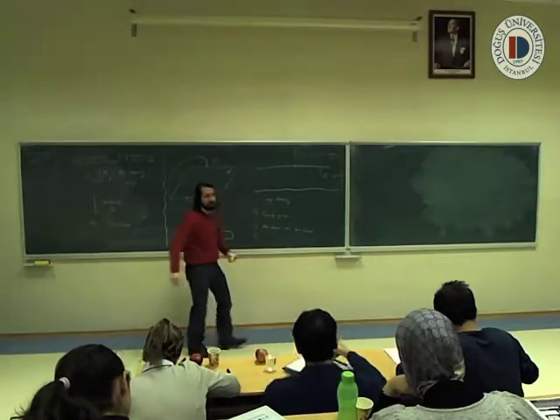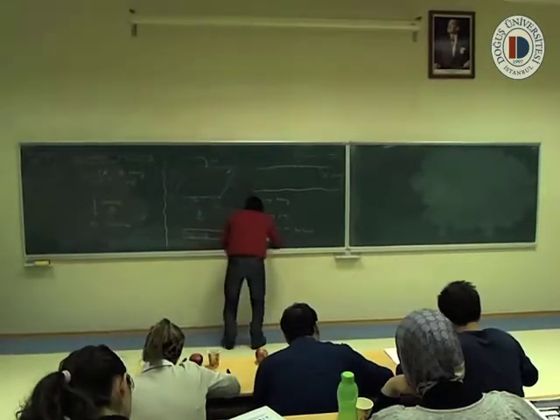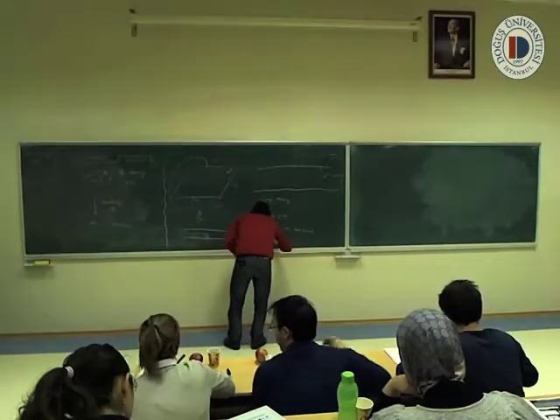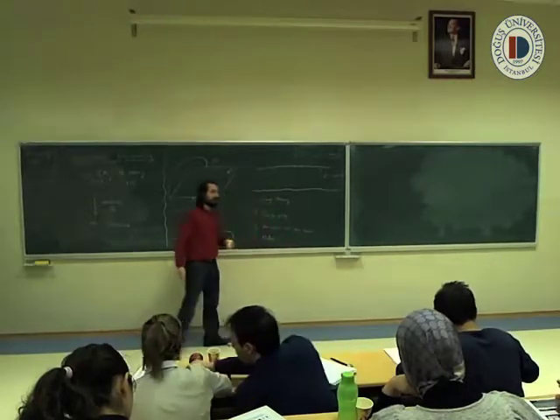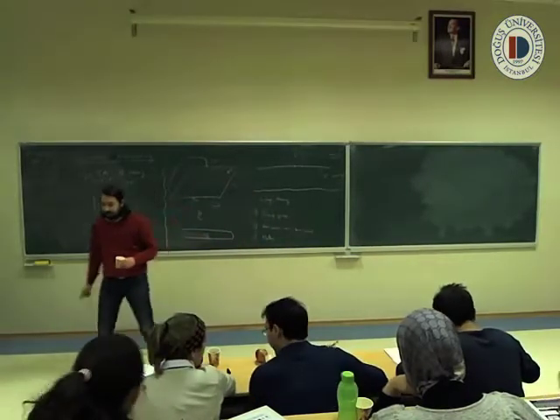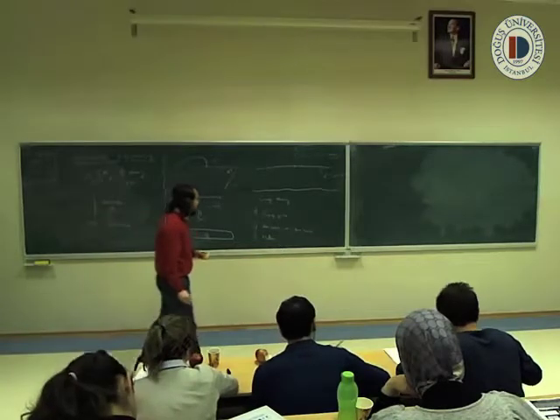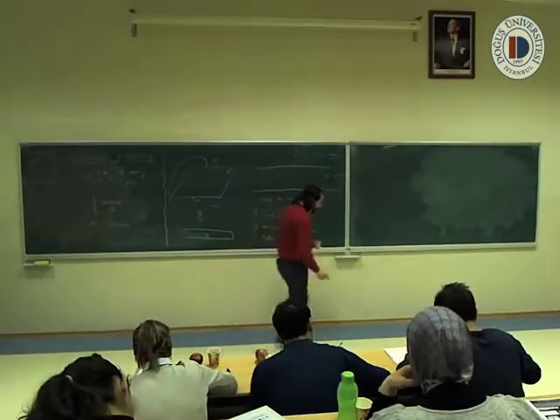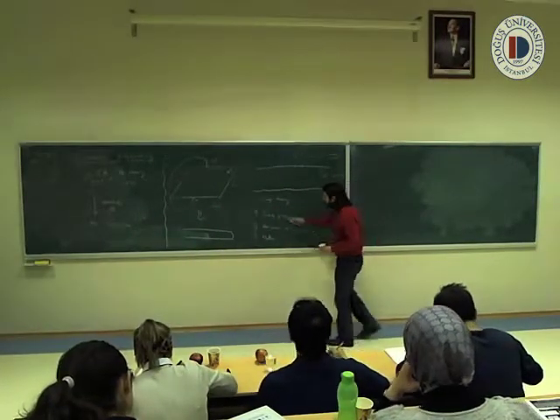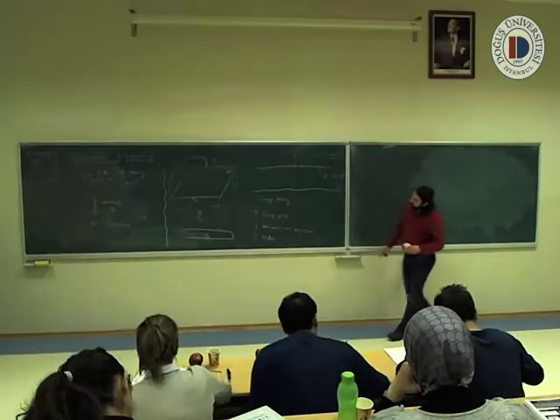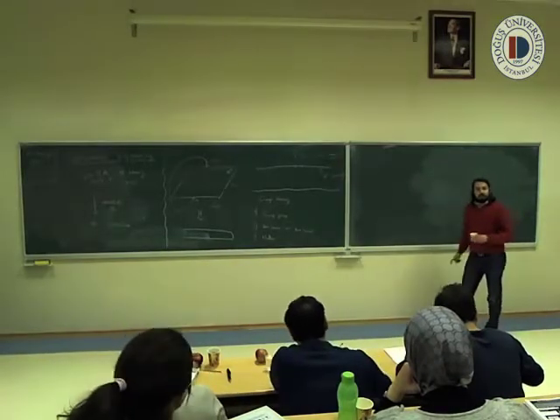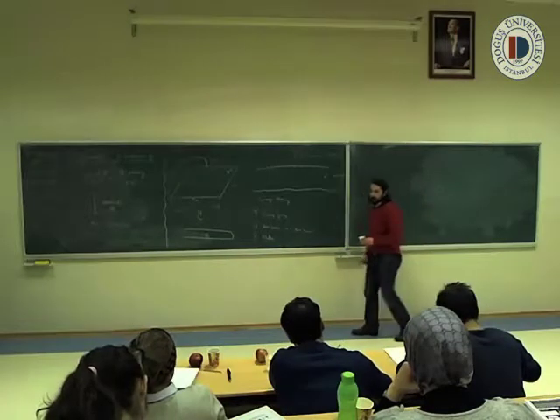What else do we have in gauge theories? We have matter, and we have matter in different representations. You can have matter, let's say, in the adjoint representation. You can have matter in the fundamental representation of the gauge group. So these are essentially the three questions I want to address.